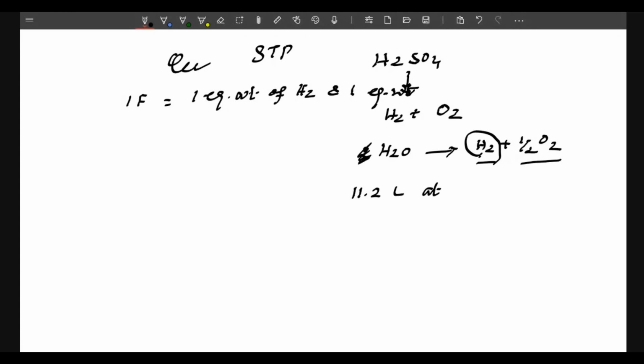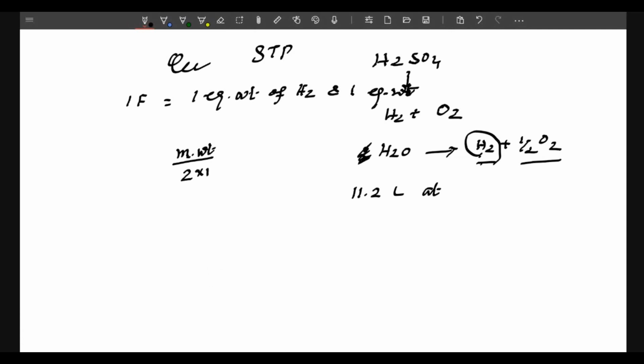1 mole liberates 22.4 liters at STP, but equivalent weight means molecular weight by the valence factor. How to find out the valence factor? The number of atoms present multiplied by the valency.